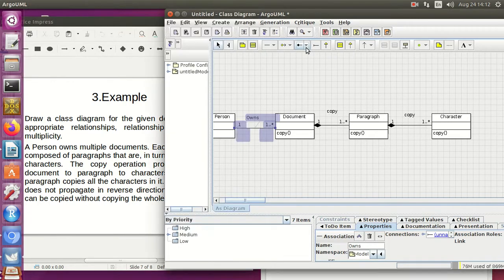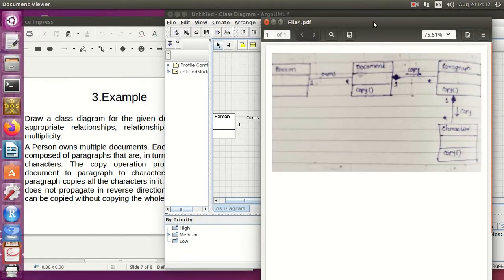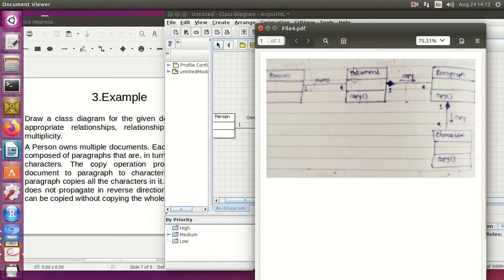Here I am not able to add this propagation symbol, so I have added it into this diagram. Here you can see the direction of propagation: copy from document to paragraph and from paragraph to character.